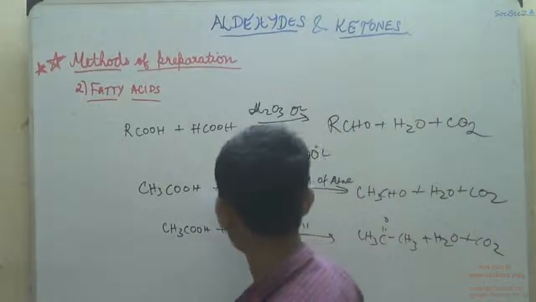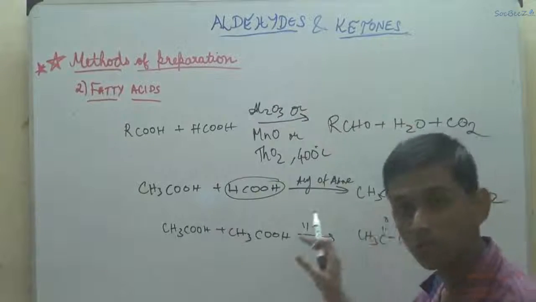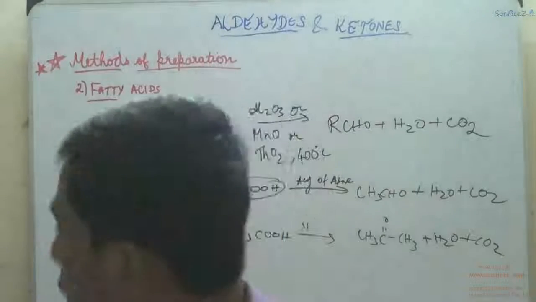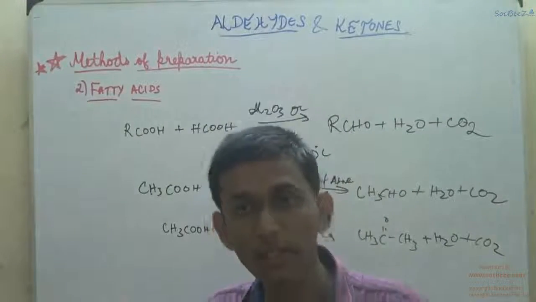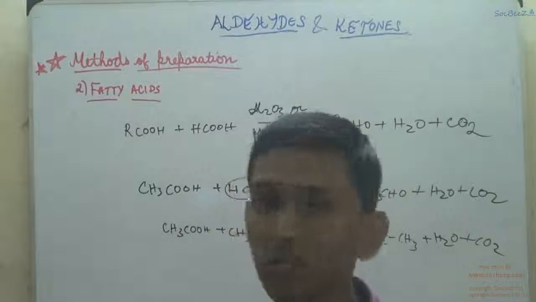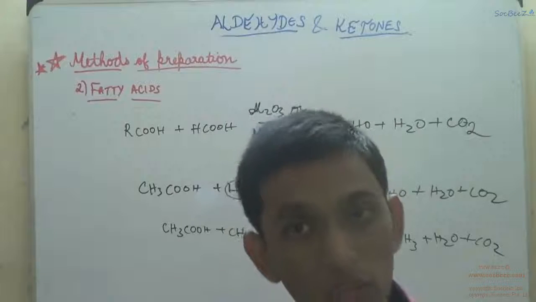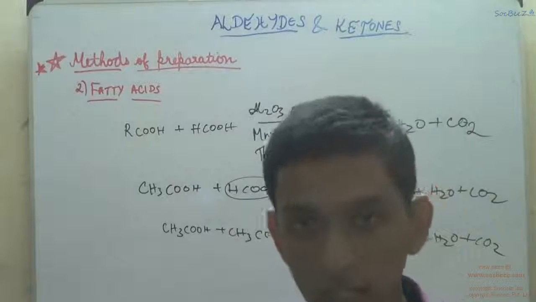Basically, if you use a formic acid, then you get an aldehyde. If you don't use a formic acid, two different kinds of acids, or the same acid but double quantity, then you get ketones. Depending upon whether you use different acids, you get unsymmetrical ketone. If you use the same acid, double the quantity, you get symmetrical ketones.